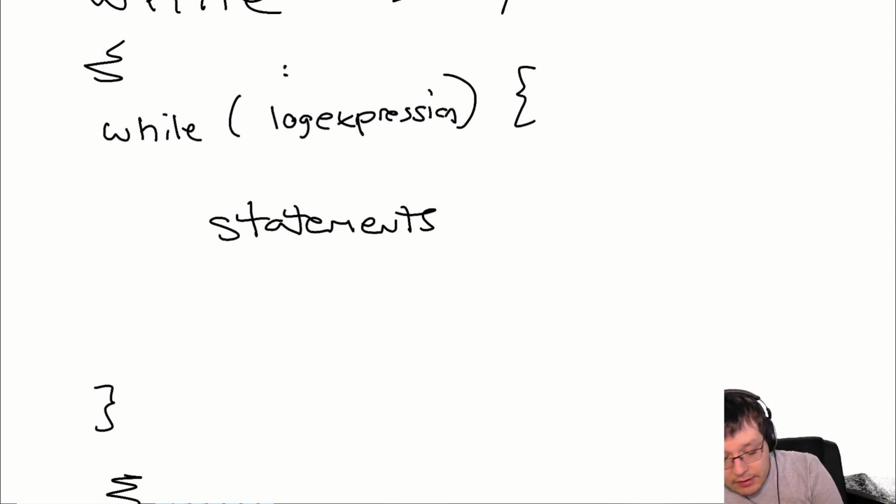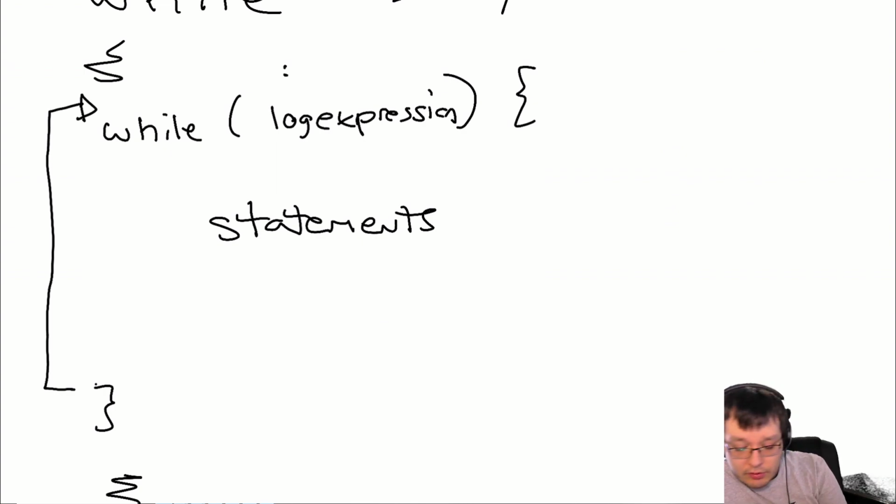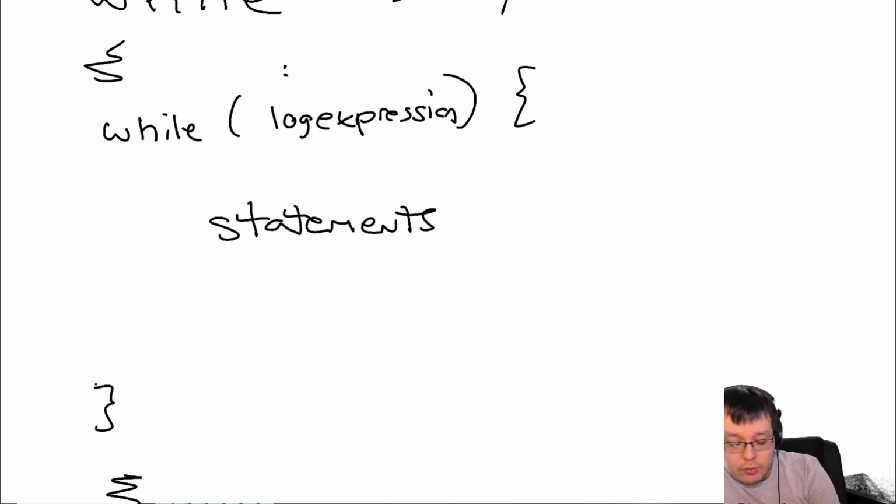In that case, when it sees a curly bracket here, it's actually going to go back to the beginning of the while loop. If you think of a little line pointing to what code is being executed, it's basically going to start here.